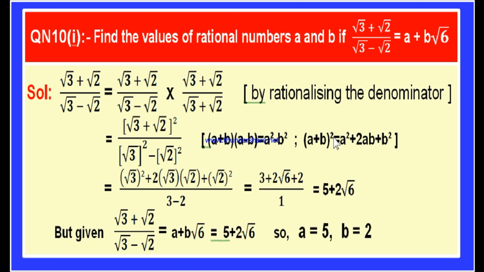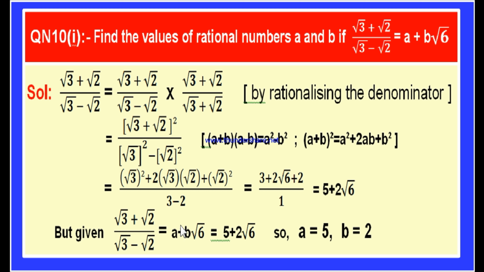But we have given that root 3 plus root 2 by root 3 minus root 2 is equal to a plus b root 6. But we got that it is equal to 5 plus 2 root 6. Therefore, a plus b root 6 is equal to 5 plus 2 root 6.